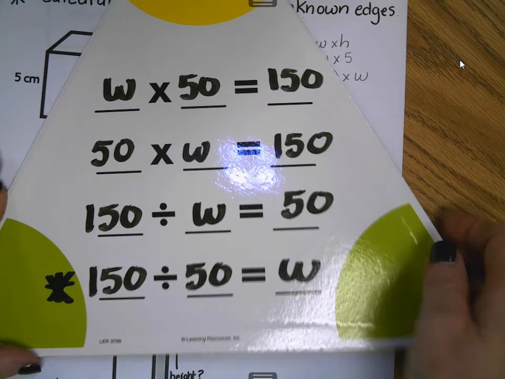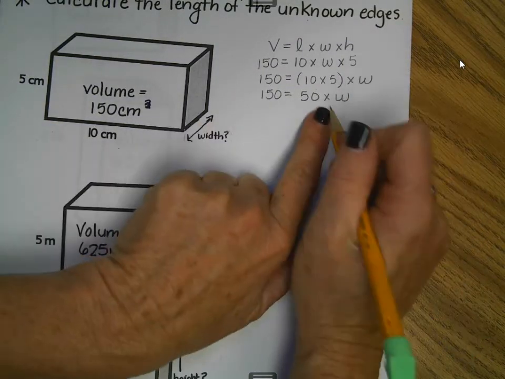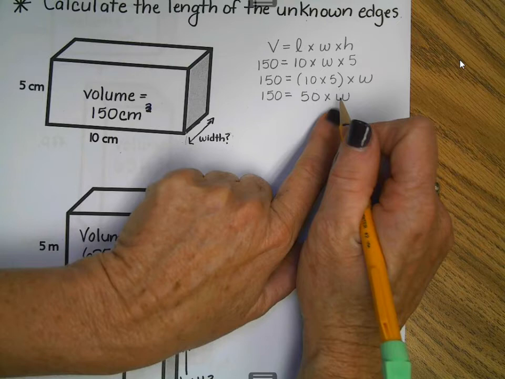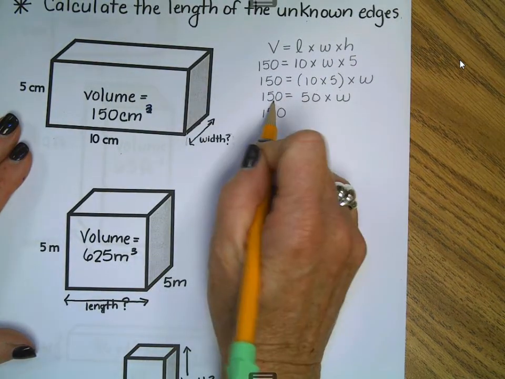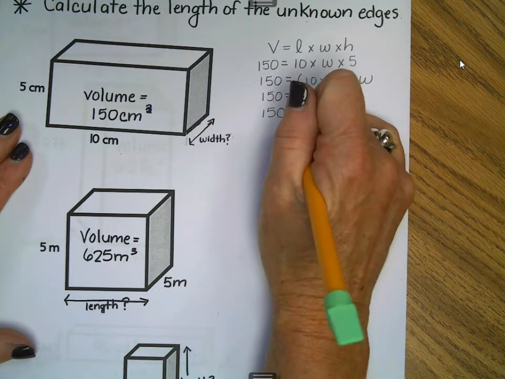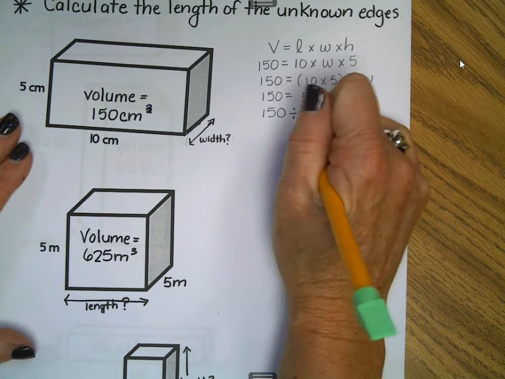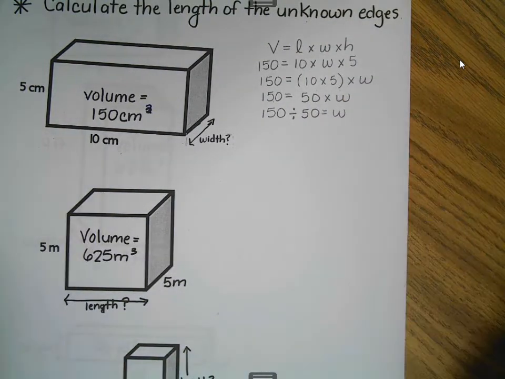So using a little bit of fact knowledge and that inverse operation, inverse means the opposite of multiplication, if I take what's the product right here, and I make it the dividend and divide it by one of the factors, which is now going to be the divisor, I can now solve.